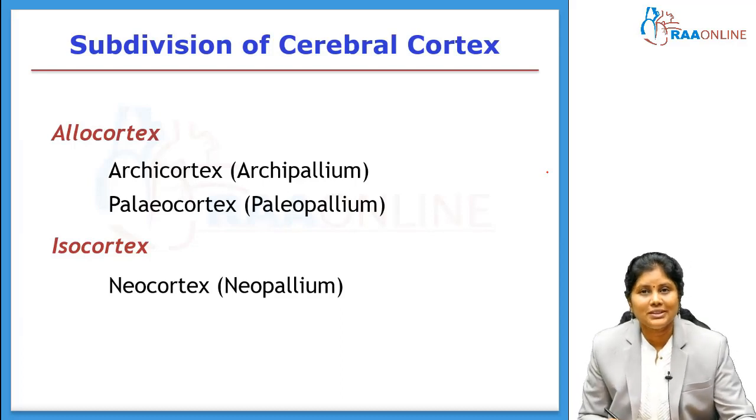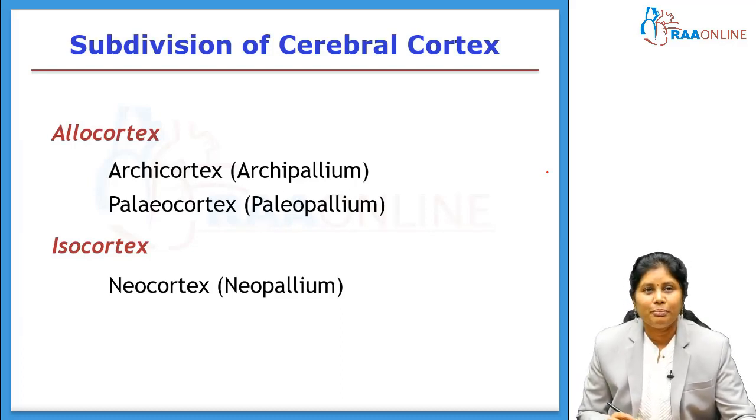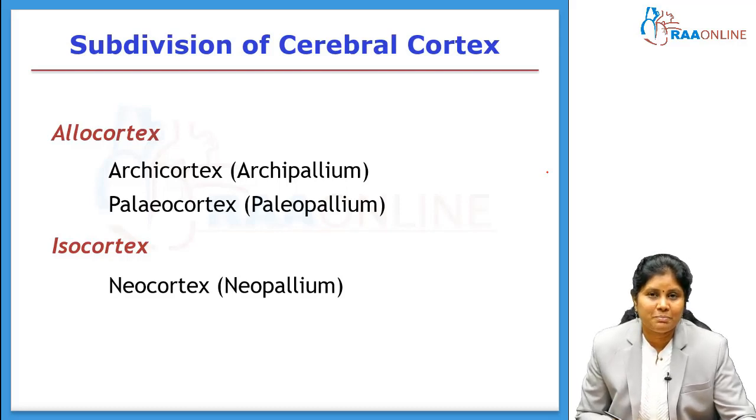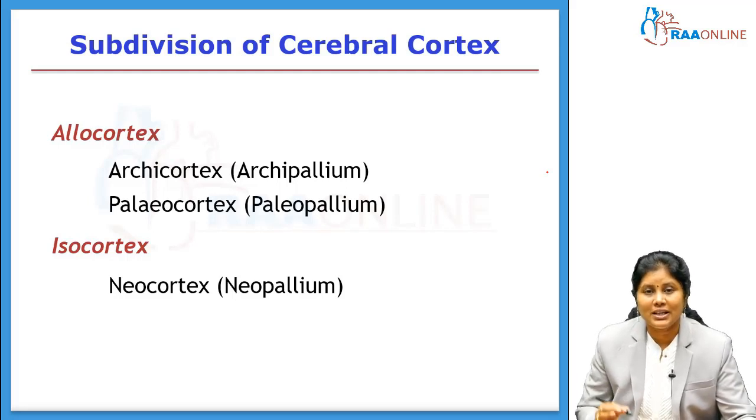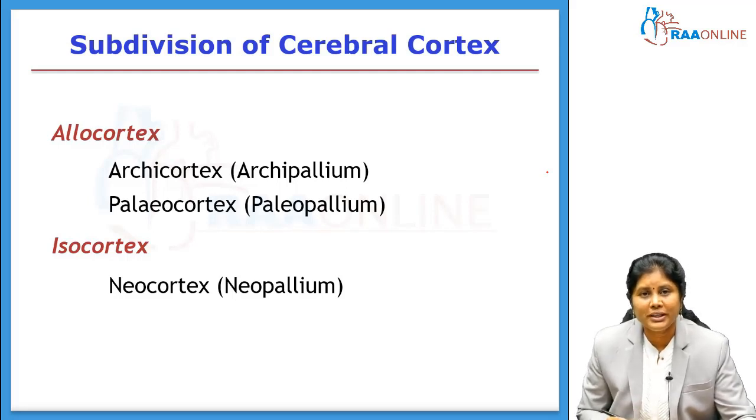Coming to the subdivisions of the cerebral cortex. Previously the cortex was divided into allocortex and isocortex. Allocortex is the oldest cortex from a phylogenetic perspective. It is again classified into archicortex and paleocortex. The archicortex is a three-layered cortex, predominantly present in the hippocampal areas.